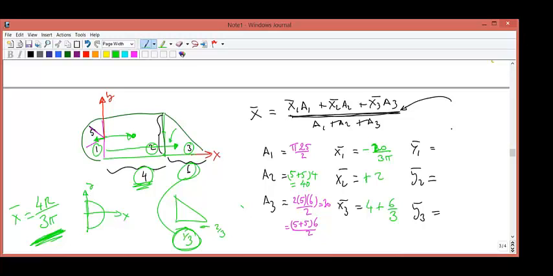What about Y1 bar? Take your time. Remember, we're measuring everything now from the X-axis, and we're looking for the value or the position of the centroid of the semicircle. And your X-axis is at the bottom, it's right here.